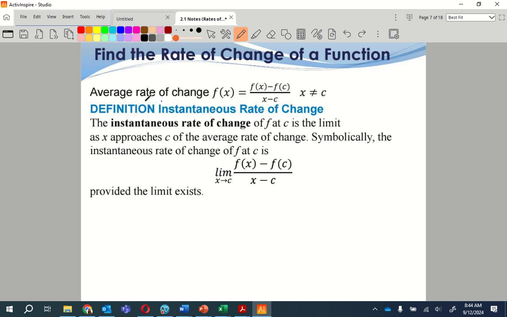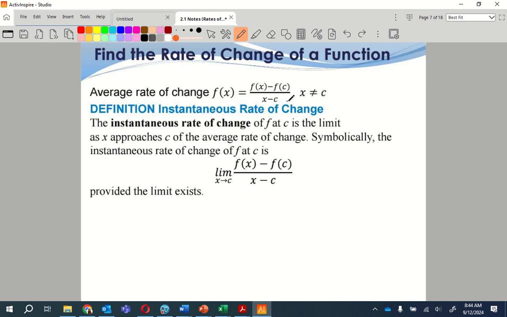Now, average is just, I take my first one, last one, what do I do with those two? I add them together and divide by 2, right? That's the average. So it has nothing to do with what's in between. And then instantaneous is going to be at a singular point when x is equal to c.